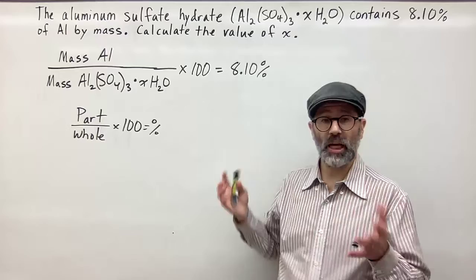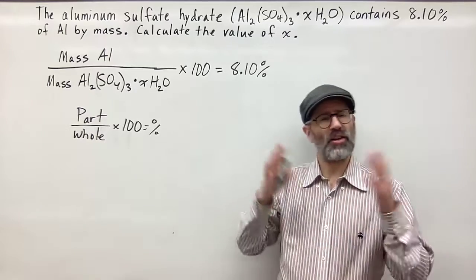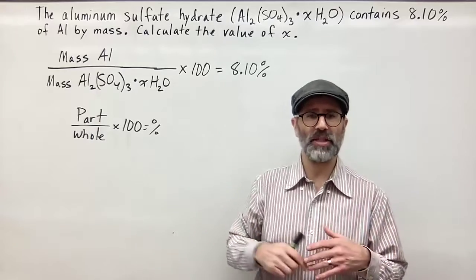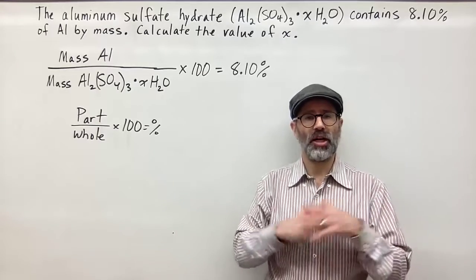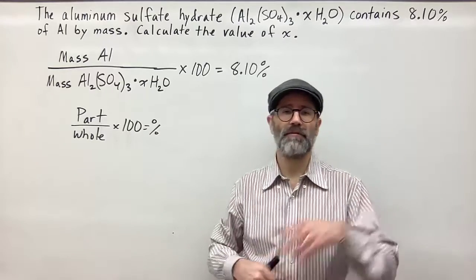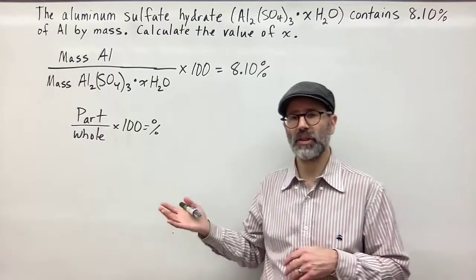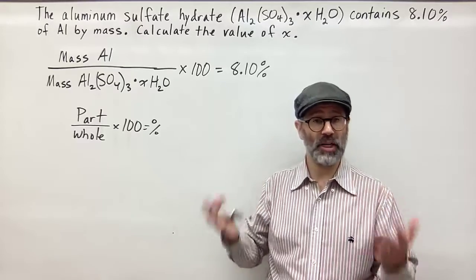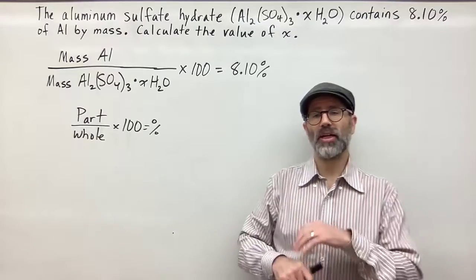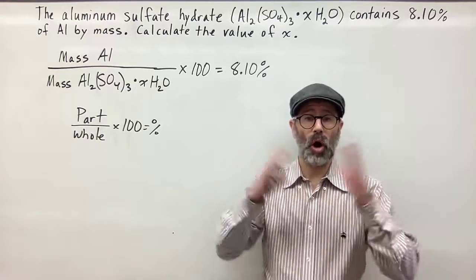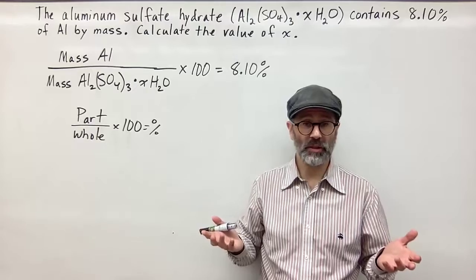Well, keep in mind that we can assume any amount we want, right? If we're getting a percentage, the percentage applies just as well to 100 grams as 200 grams, 50 pounds, 5,000 tons, whatever the case may be. The percentage is always the same. So we can assume any amount we want. Well, what if we just assume 1 mole of this substance?